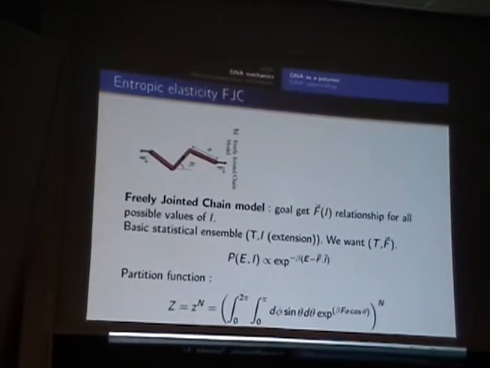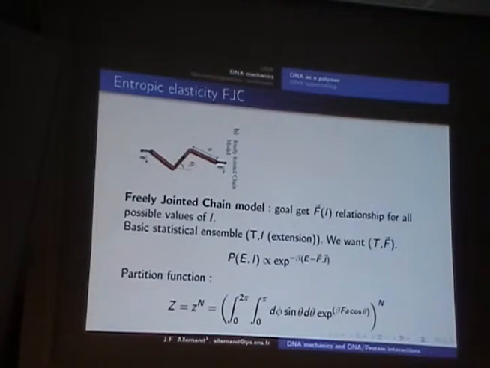And we simply use Boltzmann's law. We have the probability of having the system with a given energy, and with a given extension, that is proportional to the exponential of minus beta, beta being 1 over kBT, the standard notation, times F times L. As all the segments are independent, you can write the partition function as the product of the partition function of every segment, and then you get this partition function that you have to calculate.